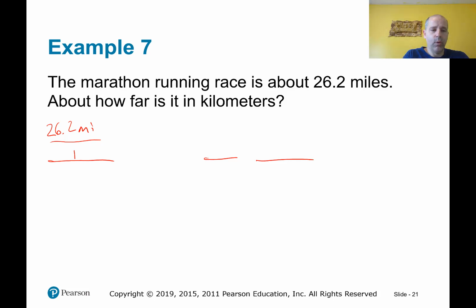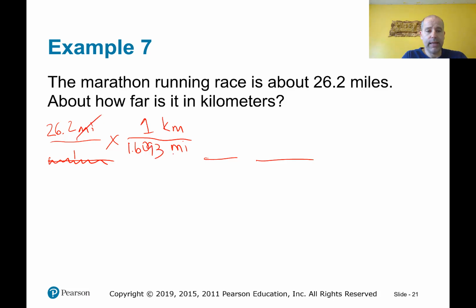Okay, so what we'll do is multiply by a conversion factor, or a unit factor. And so what do we need? We need miles on top. Okay? And we know that 1 kilometer is equal to 1.6093 miles.